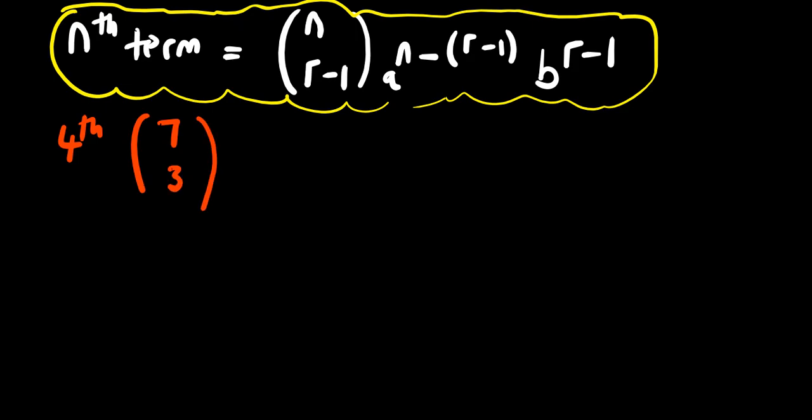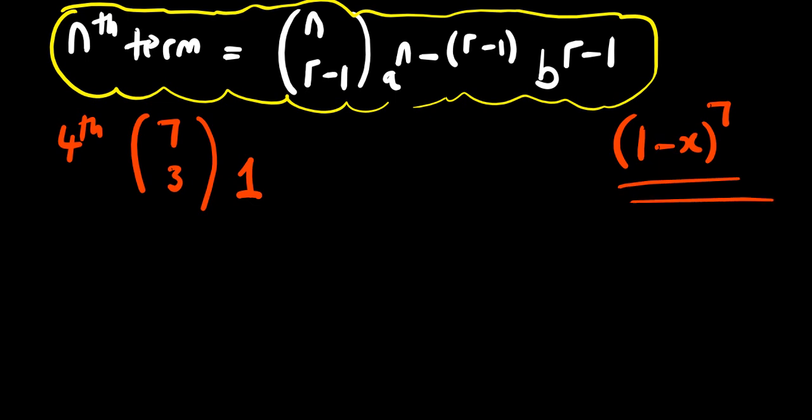How are you going to solve this one? Let's say you've got 1 minus x, to the power 7. Okay, so let's say this is our question, and you're trying to find the fourth term. So how are you going to solve this?